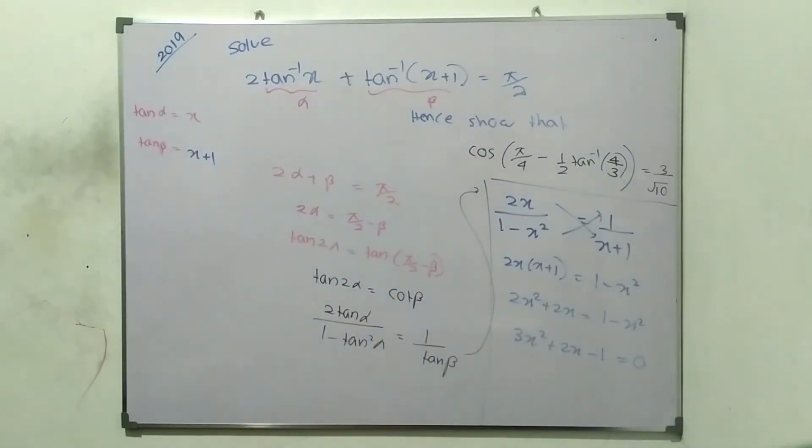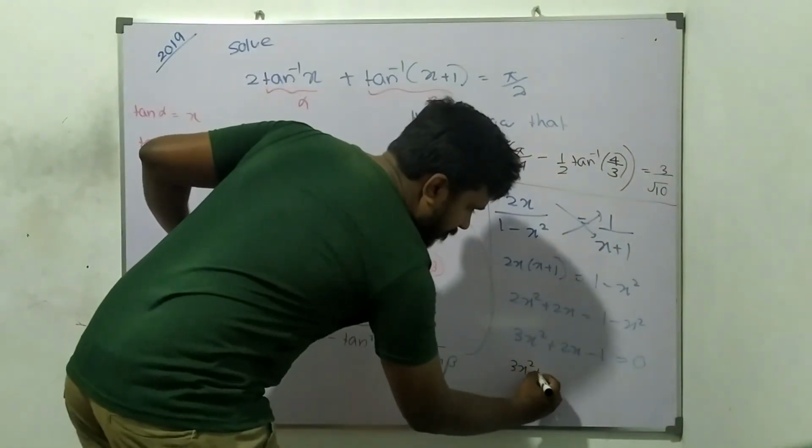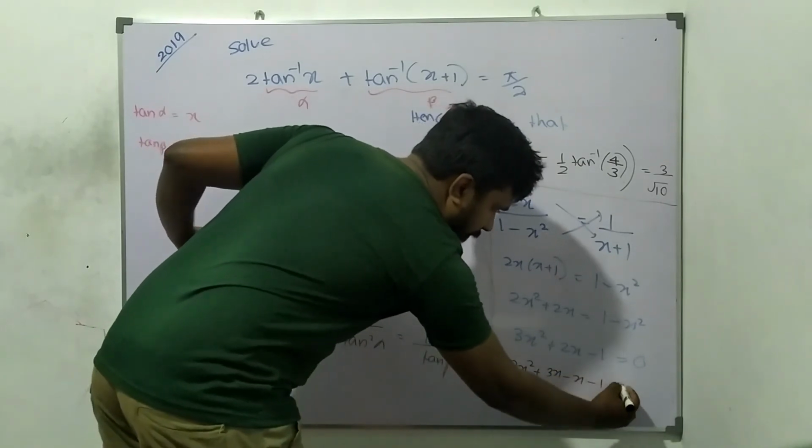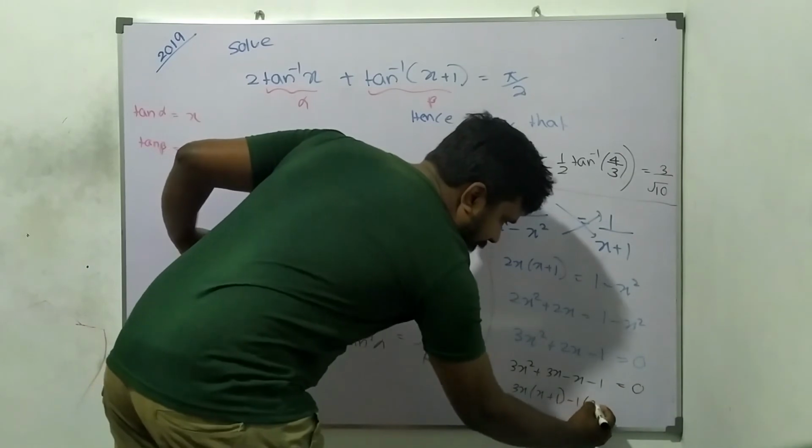So this is the quadratic equation. So minus 3 can be written as plus 3 into minus 1. So it's simplified, so easy to factorize.